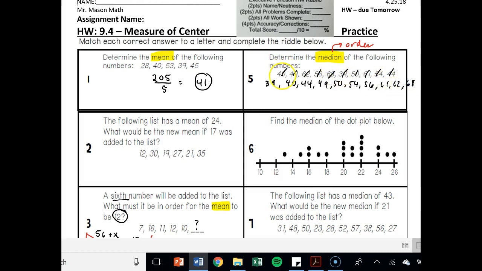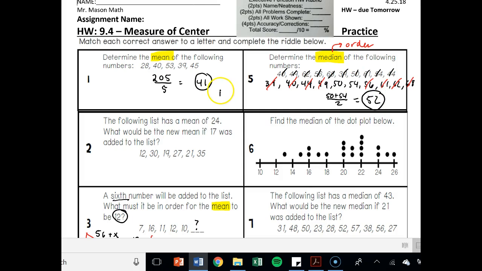Alright, so notice I have 1, 2, 3, 4, 5, 6, 7, 8, 9, 10 numbers, so that means 2 numbers will be in the center, right? So as I cross off 1 and 1, 2, 2, 3, and 3, 4, and 4, I have 50 and 54 in the center. So I just add those together, 50 plus 54, and then I divide by 2. And when I get that, I get my answer of 52.